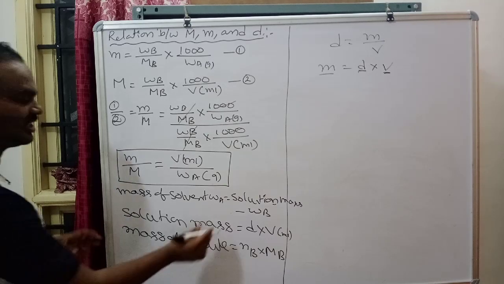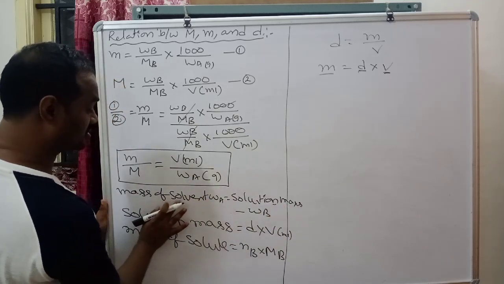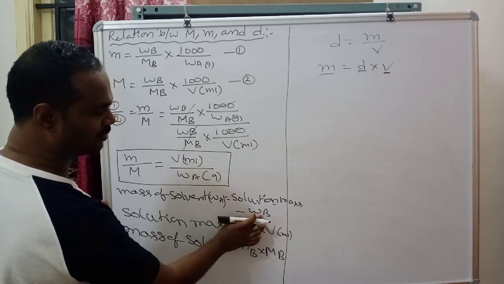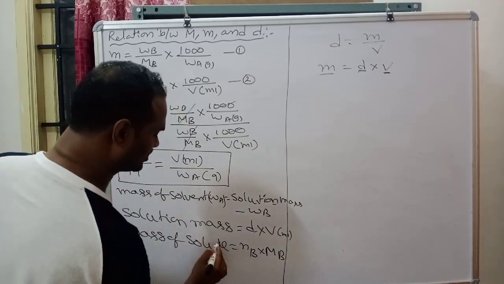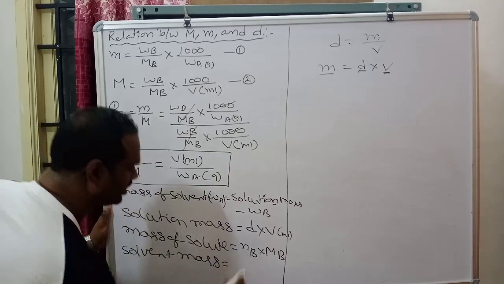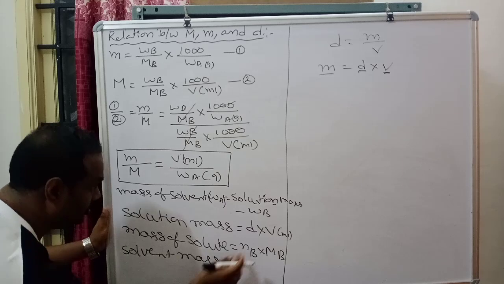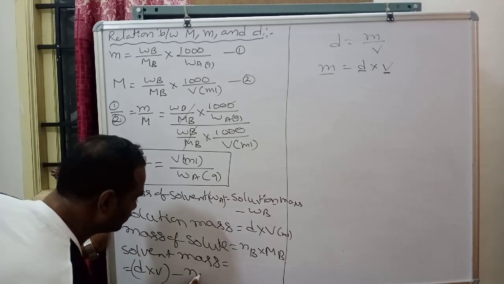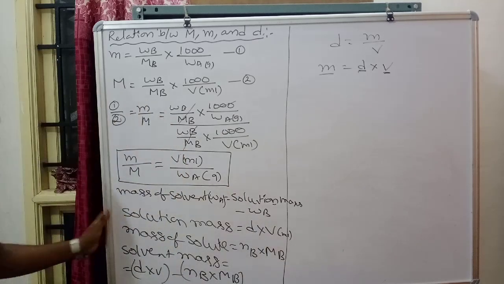From this data, the mass of solvent is equal to the mass of solution minus the solute mass, WB. So the solvent mass can be written as D into V minus NB into MB.